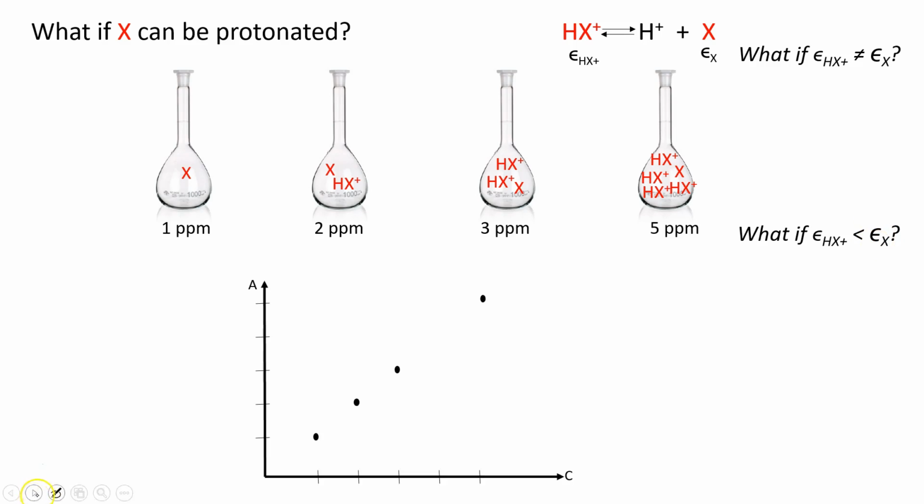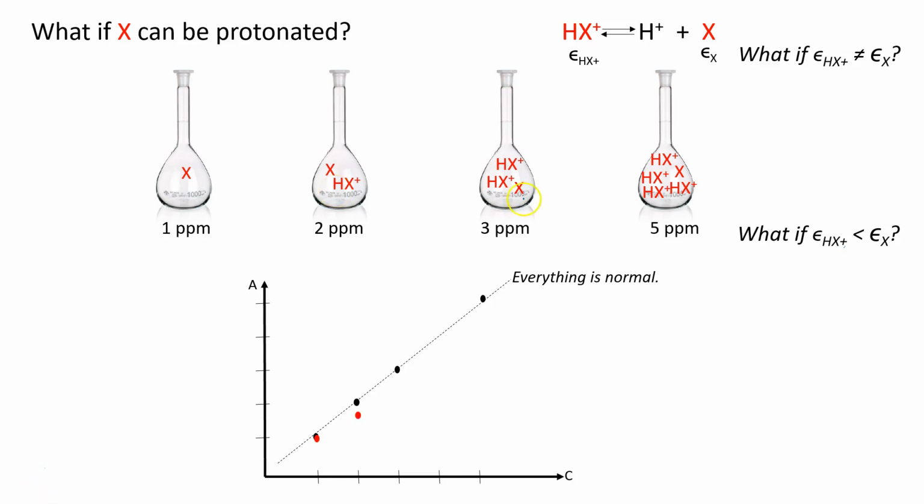Well, here we have, just as a reference, our everything is normal line. And if we were to plot this first standard that contained mainly the unprotonated form X, we would get a signal similar to what we got when everything was normal. But as we increase the concentration and we start seeing more and more of that protonated form, and if that protonated form has a lower molar absorptivity, isn't that going to make your absorbance lower?